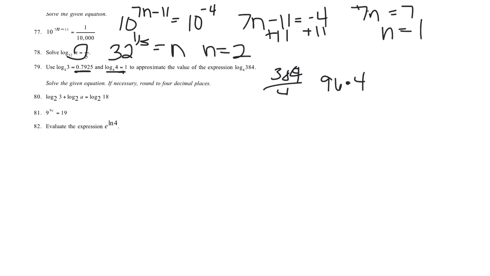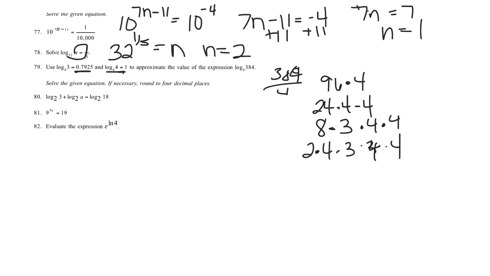And 96 divided by 4 is 24 times 4 times 4. And 24 is 8 times 3. So we have 8 times 3 times 4 times 4, and 8 is 2 times 4.